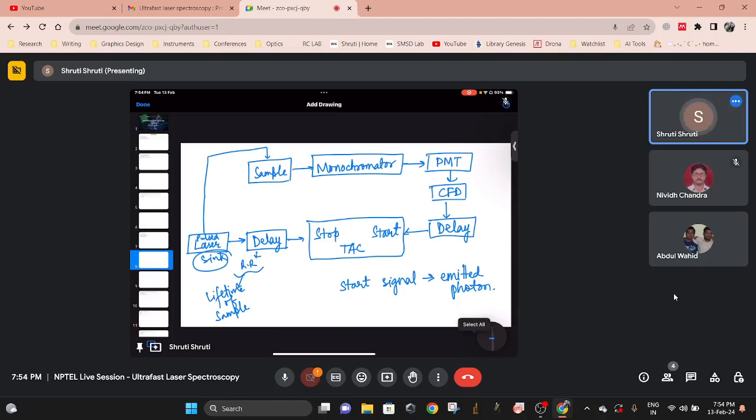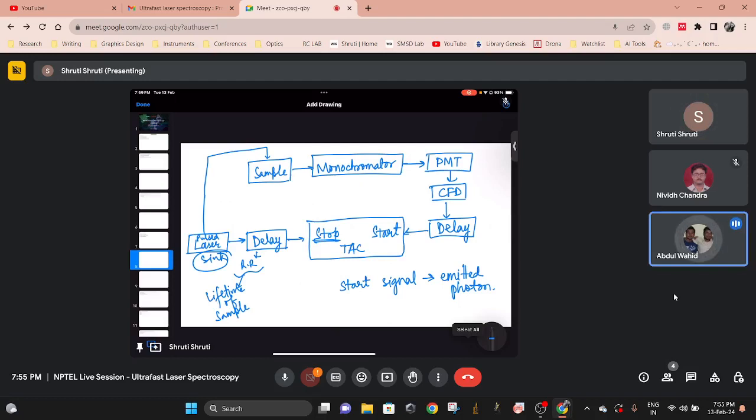It will start the timer, the clock, the stopwatch, until the next pulse comes, and that will act as your stop. So you will know how much time it took for that photon to reach the TAC, or what was the lifetime of that photon.